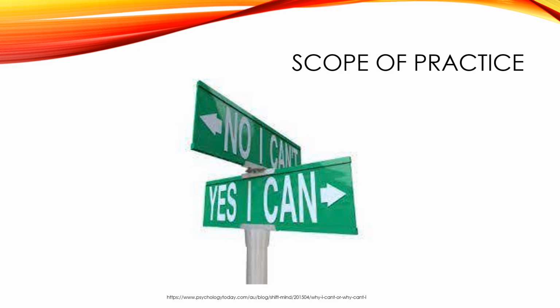In order for you to operate within the law, you need to know what your state has determined for your scope of practice. In other words, you need to know what you can and cannot do within the law and within your profession.